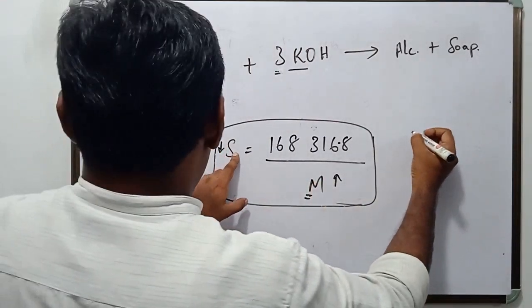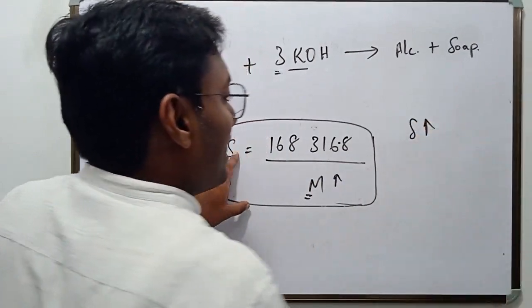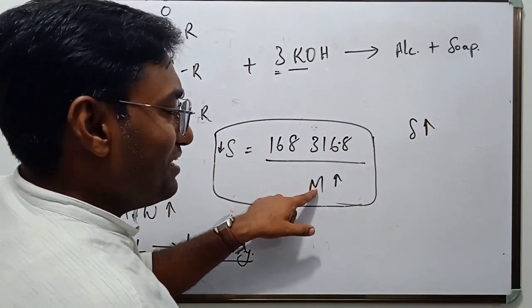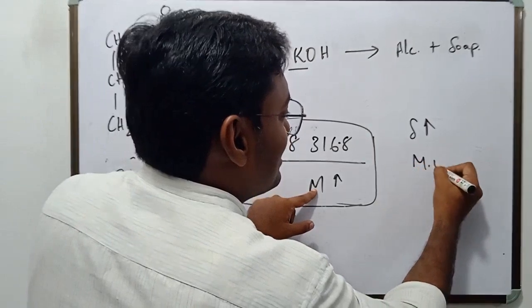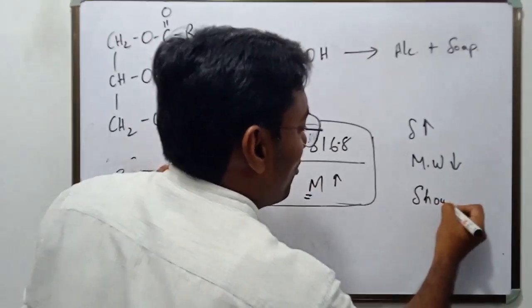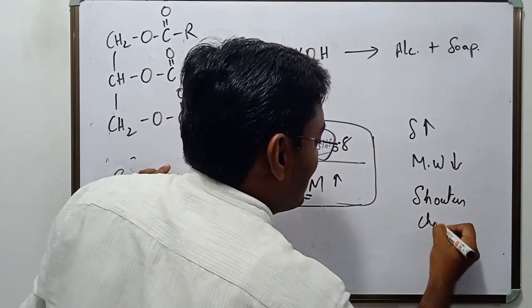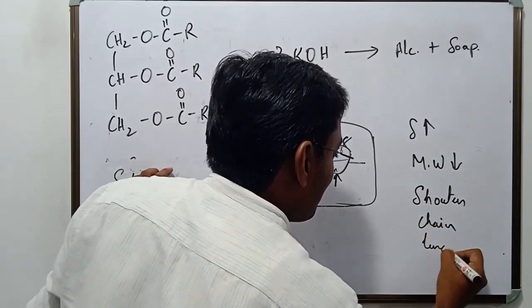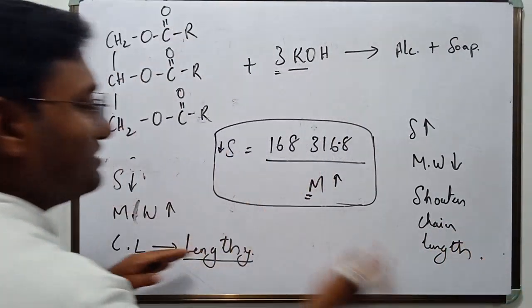And if saponification number is high, what does it mean? That molecular weight is low. It means a shorter chain length of fatty acid. So what is the benefit of knowing this?